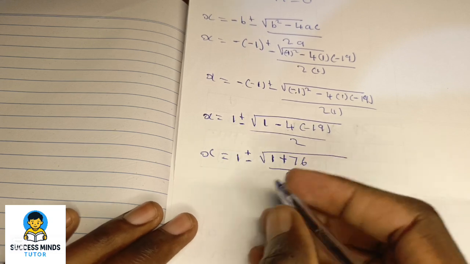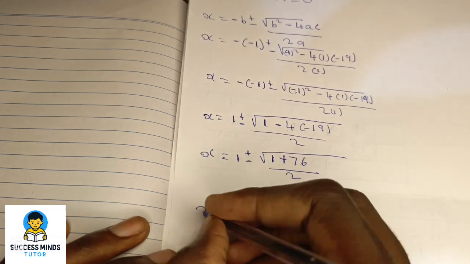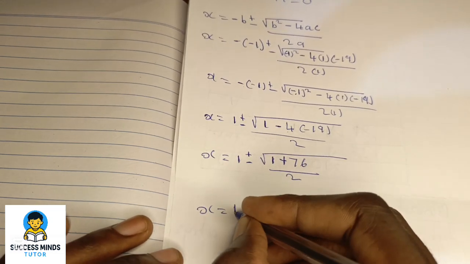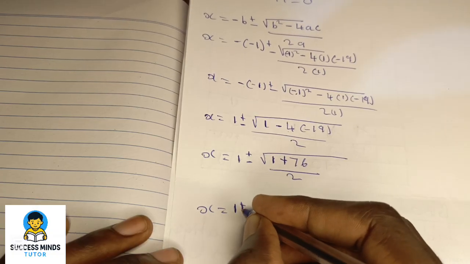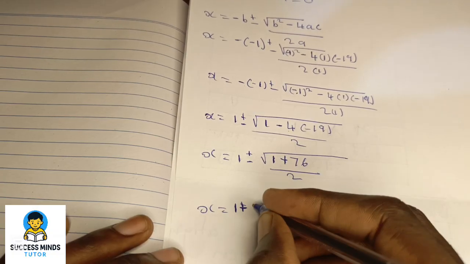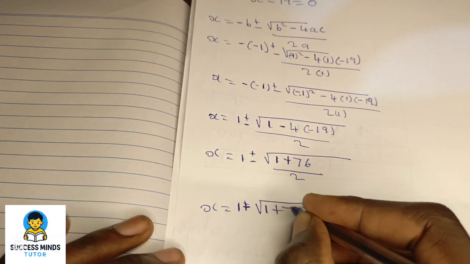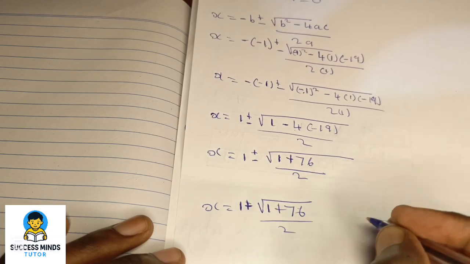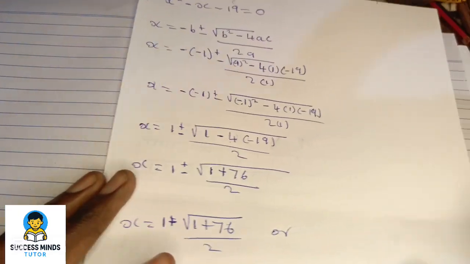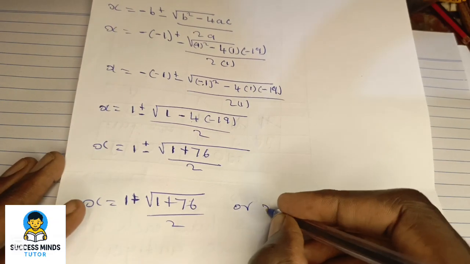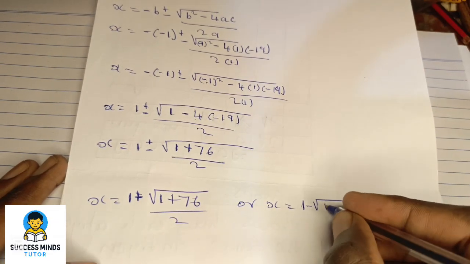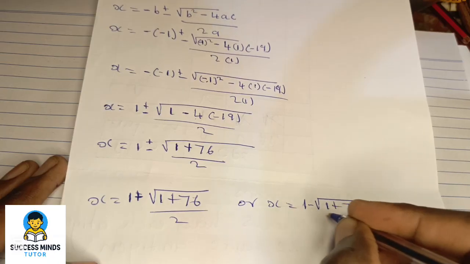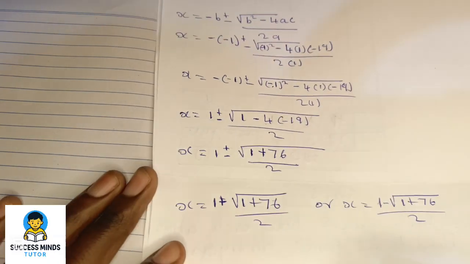From here we can now split. So x equals 1 plus the square root of 1 plus 76, over 2, or x equals 1 minus the square root of 1 plus 76, over 2. Now from here, guys, we can add.